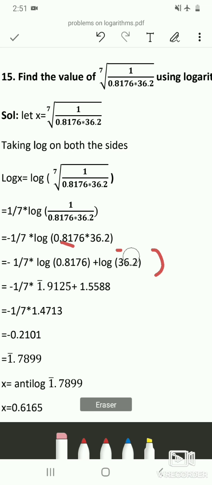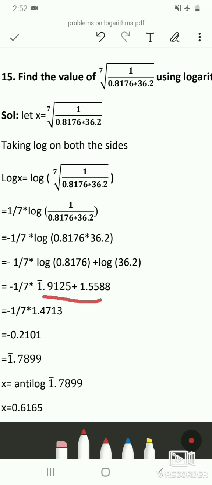Find the log values of 0.8176 and 36.2. So you'll get bar 1.9125 plus 1.5588. So using the simple addition you will get minus 1 upon 7 into 1.4713, and the final answer is minus 0.2101.